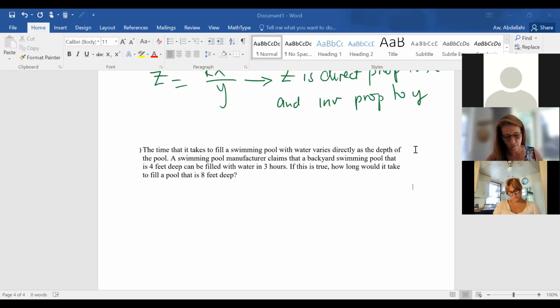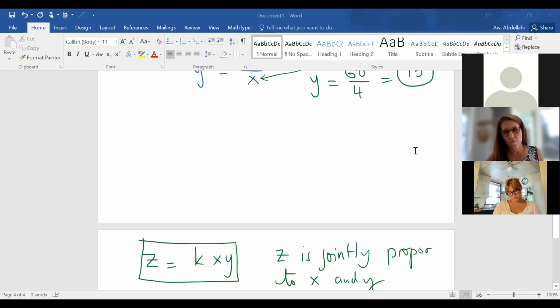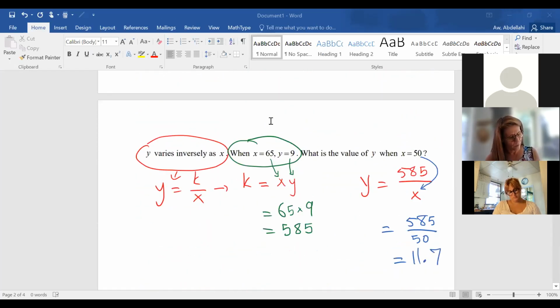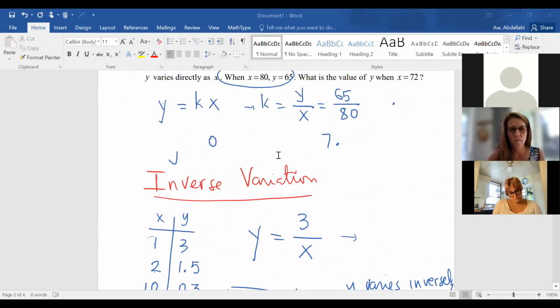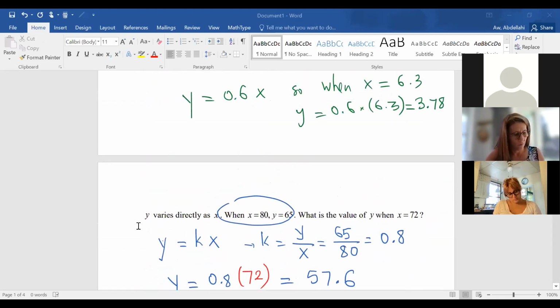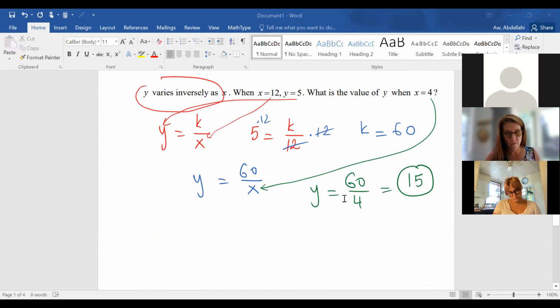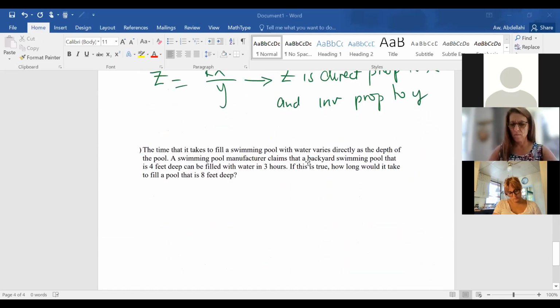Believe it or not, this is exactly the same math problem as this one. But when we see a lot of sentences, it kind of messes us up: oh, this is very hard. It's not at all.